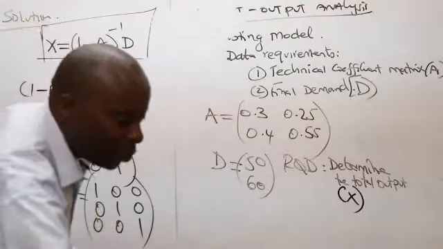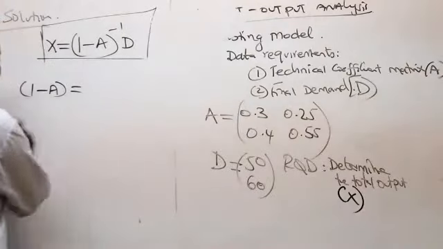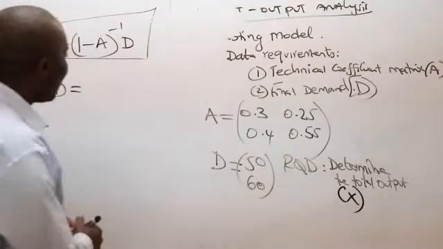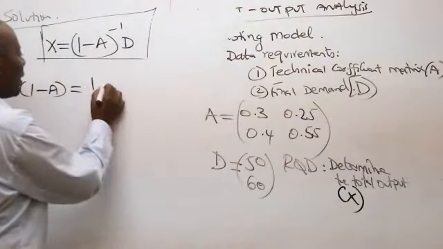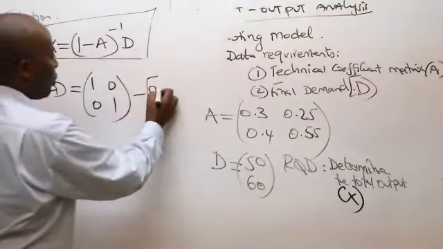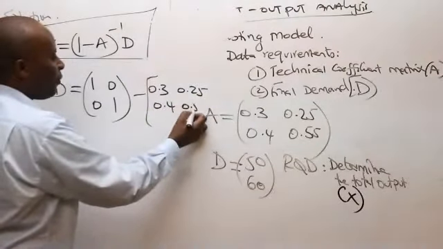So what I'll do, ladies and gentlemen, is I minus A, and I can see what my I is. My I is 1, 0, 0, 1, minus A, which is 0.3, 0.25, 0.4, 0.55.